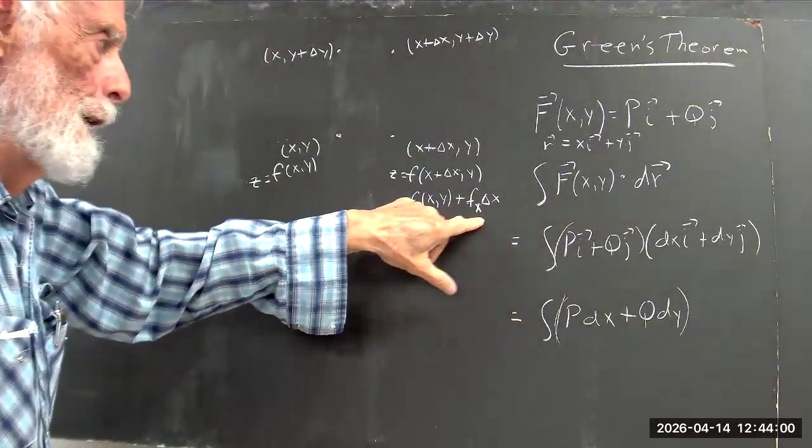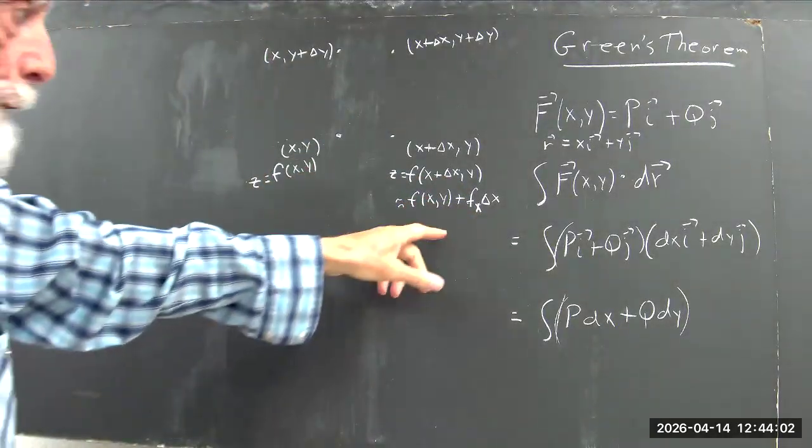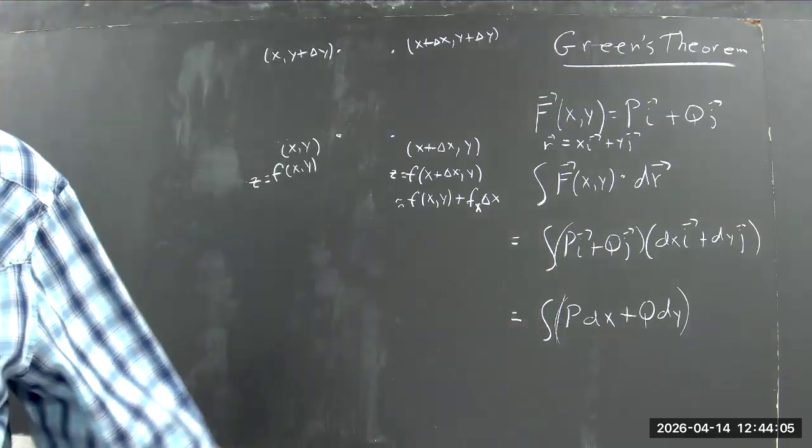Plus f sub x delta x, the partial of f with respect to x times delta x. That's what the differential is.